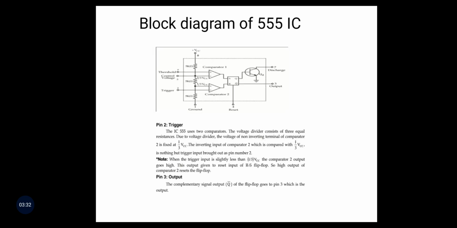Next, pin 2 is the trigger pin. What is meant by triggering? Triggering means when we want to change the state of the timer, then we apply the triggering pulse.